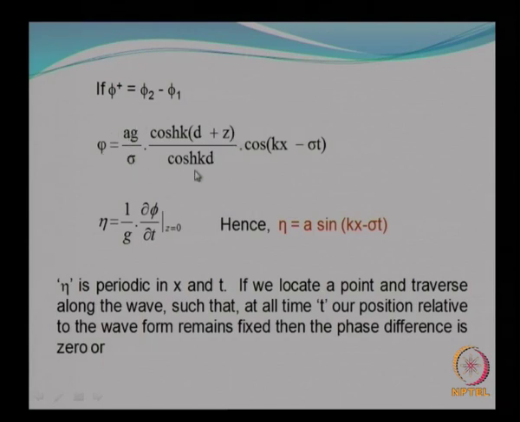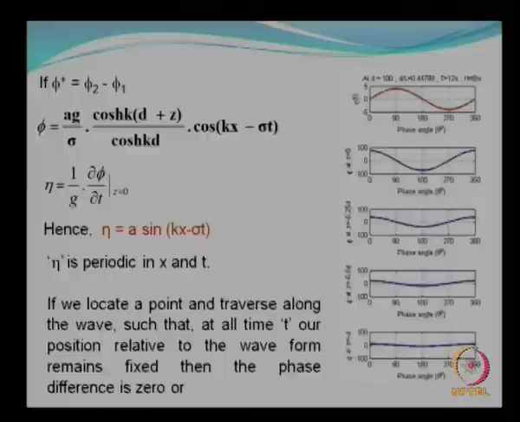One of the reasons why we say that it is a surface phenomenon, it is more dominant near the surface, is that the velocity potential is higher close to the surface. Is that clear? So it varies along the surface up to the seabed.